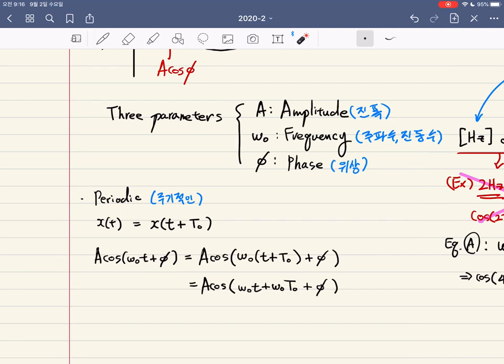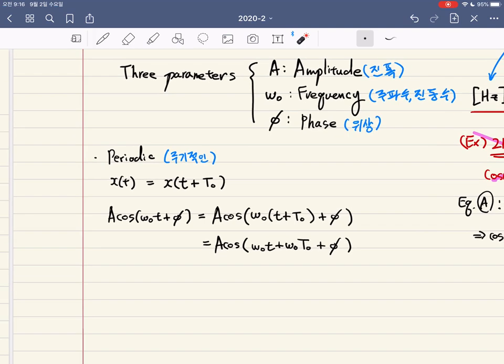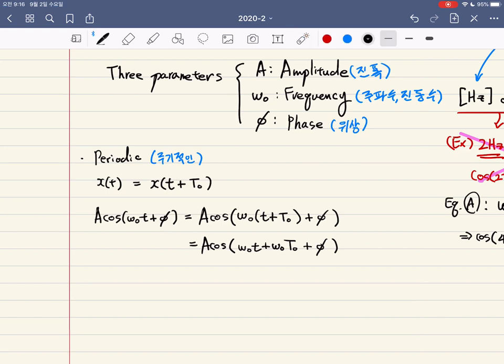So with that kind of fact, we can say that if this omega 0 times t0 equals 2 pi times m, where m is an integer, then the right hand side and the left hand side become equivalent.